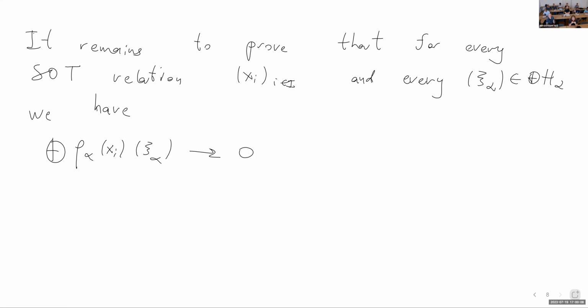By the way, if you take a direct sum, we allow only finitely many nonzero terms. It's the sum of Hilbert spaces, and it's completed.